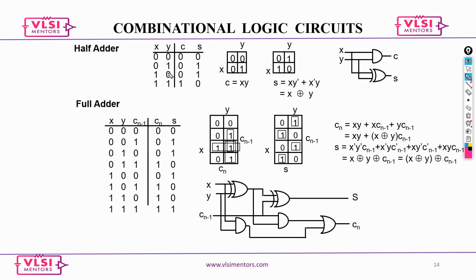So when you say half adder, there are two inputs, just X and Y, but there are two outputs, one is sum, and then there is another thing called a carry. Okay.